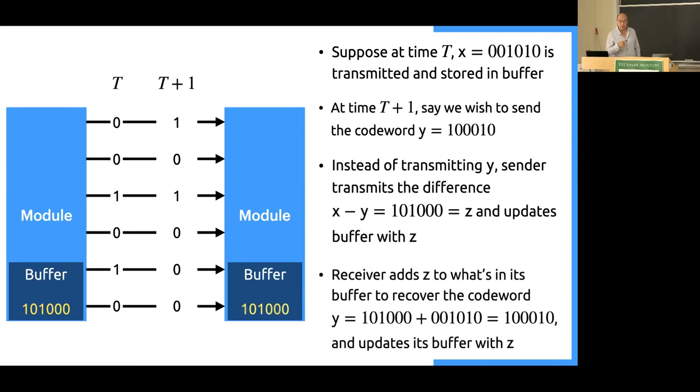When the receiver receives the difference, what it needs to do to recover the code word is just add what's in the buffer to it. Then after decoding, it stores what it receives in the buffer, and that's ready for the next round of communications.